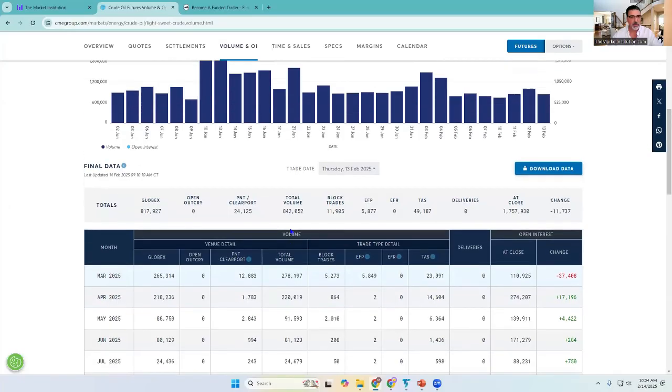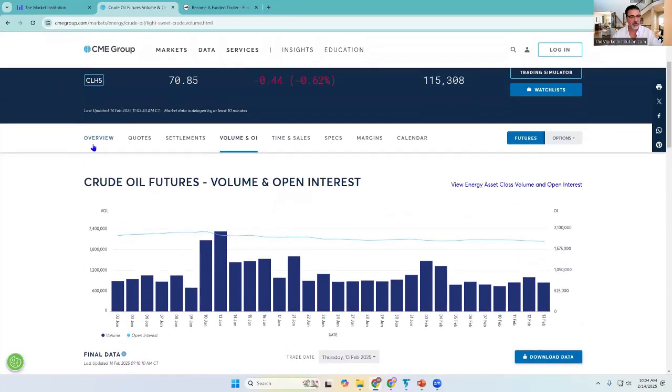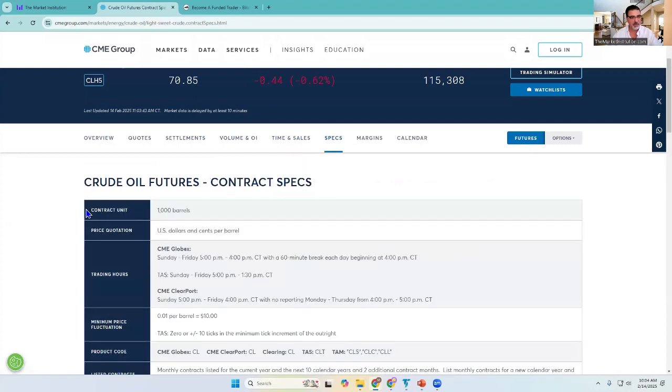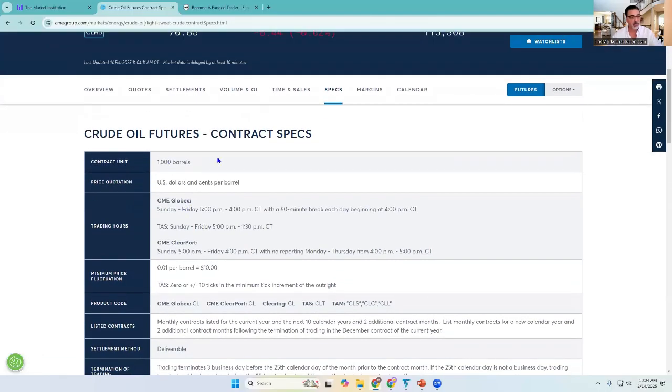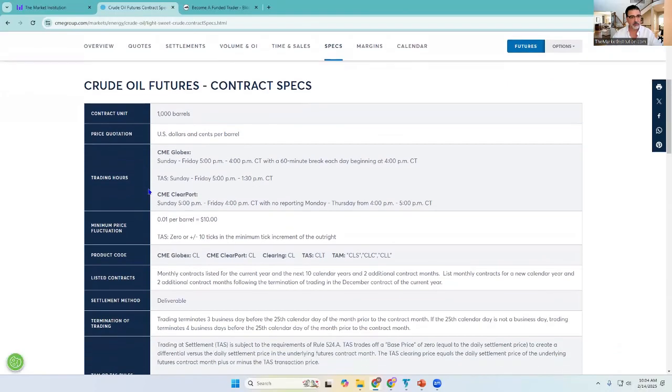Okay. Now on the same page, you can come up and see there's a lot of different things at contract specs where we can learn about where this contract trades. What you are controlling with this is 1,000 barrels of oil. Okay. It trades in US dollars. I mean, you have to convert US dollars to buy or sell this futures contract.